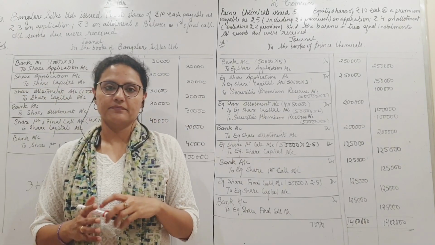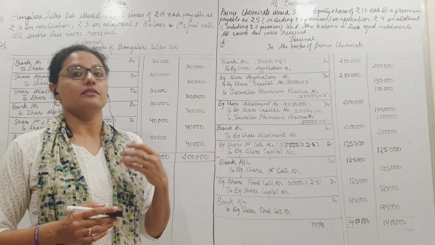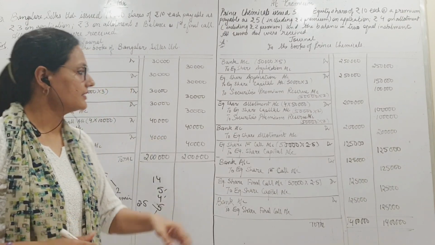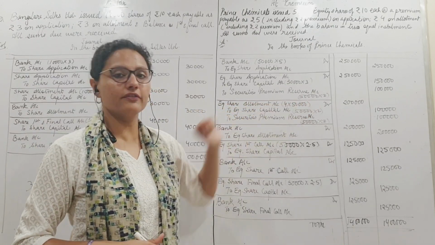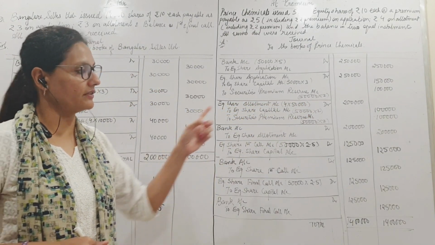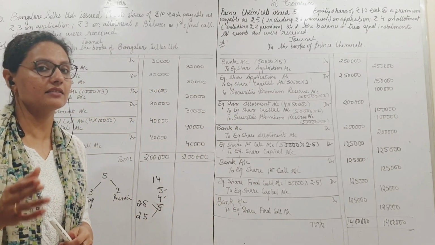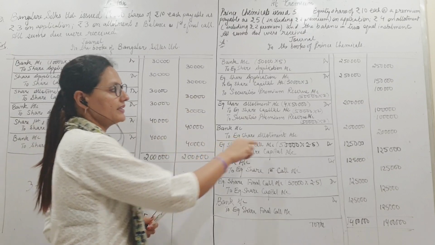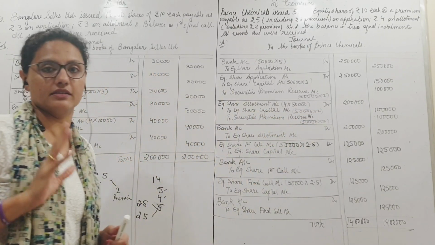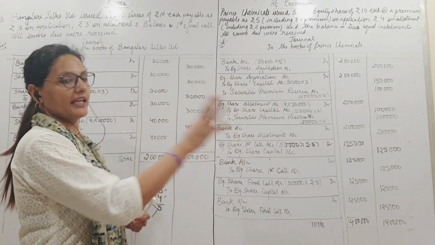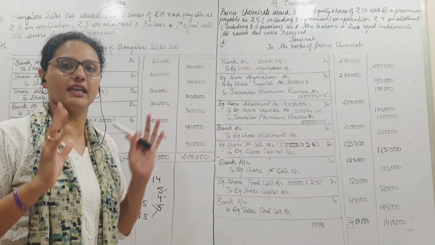अब allotment. Allotment में कितना पैसा है? 4 रुपये चाहिए. 4 रुपये मिलेगा. ड्यू कर देते हैं 4 रुपये. Yes. So the entire allotment amount is 4. So 4 into 50,000. How much am I supposed to receive? 2 lakh rupees. Right? But this 2 lakh is not against capital entirely. So I break it up as 2 rupees to share capital and 2 rupees to securities premium reserve. तो 1 लाख शेयर कैपिटल हो जाएगा और 1 लाख प्रीमियम में जाएगा मेरा गेन.